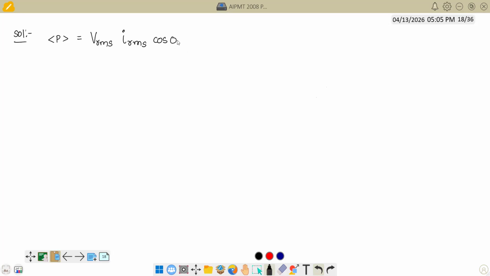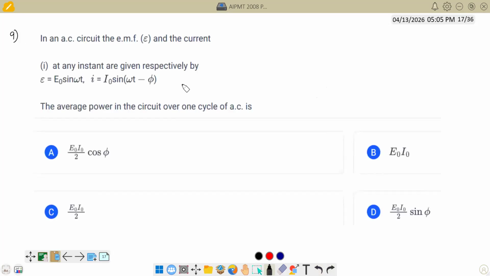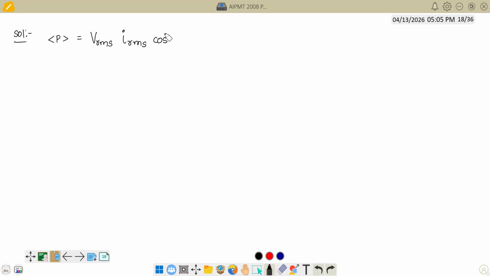But the thing is, this phi that is given in the question is actually different from the phi that we use in our formulas. So I will write cos delta, where this is the phase difference between voltage and current.